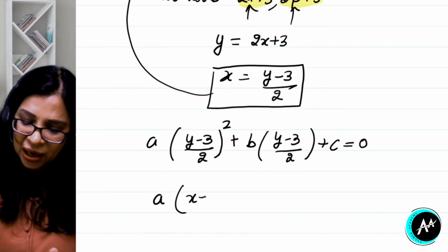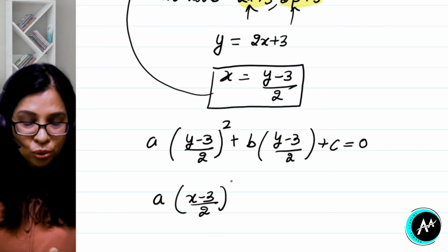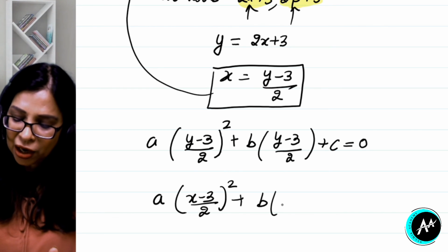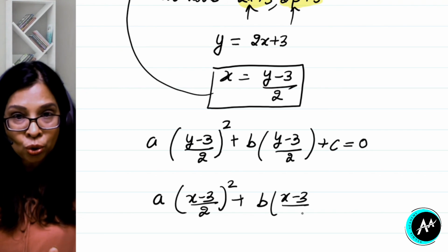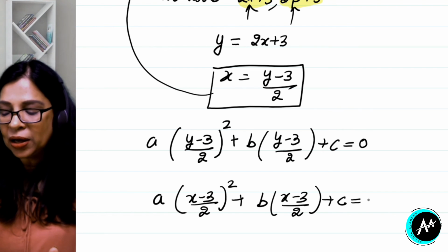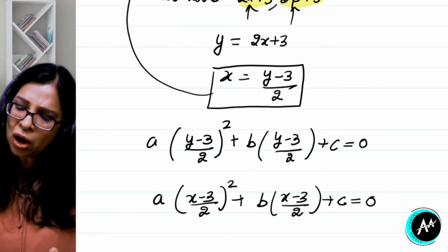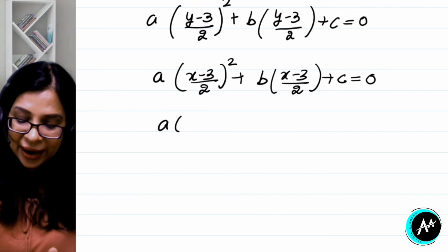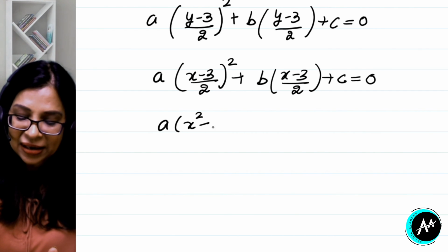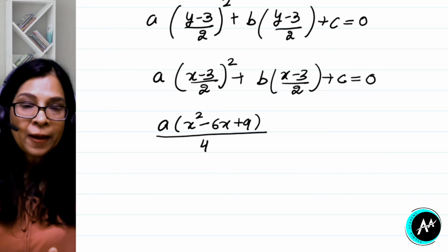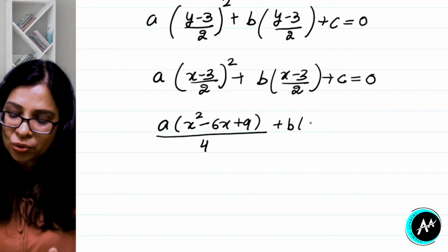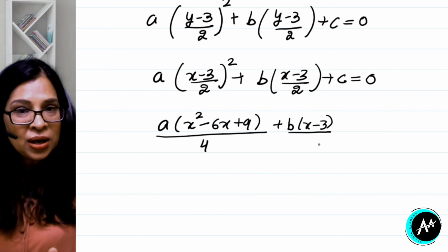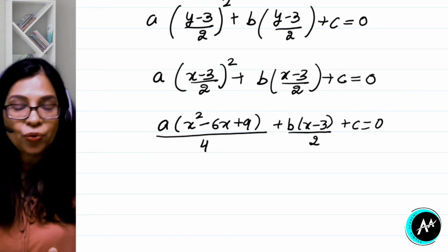So I have a into ((x minus 3) by 2) whole square plus b into (x minus 3) by 2 and plus c equal to 0. Now we just have to simplify. So I have a into, let us open the brackets in the numerator, (x square minus 6x plus 9) divided by 4. Then I have plus b into (x minus 3) upon 2 and plus c equal to 0.